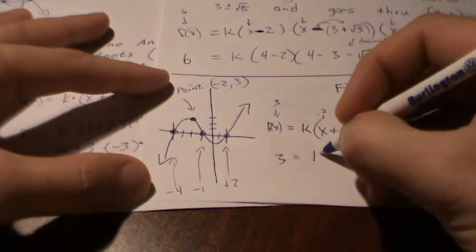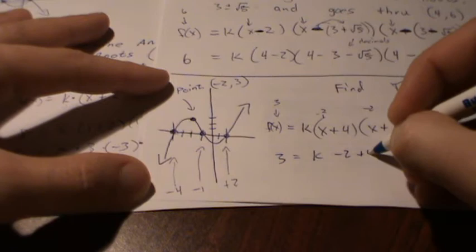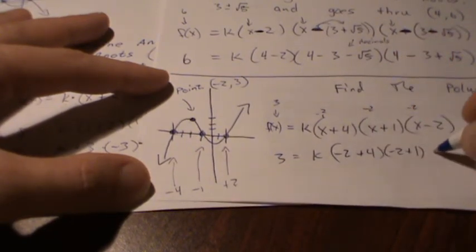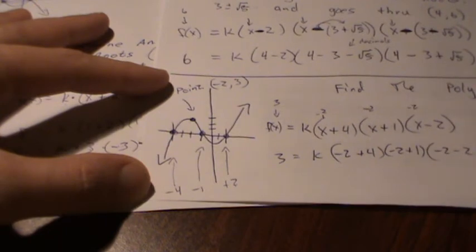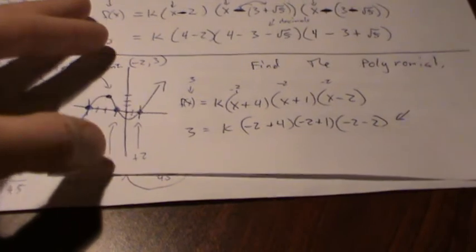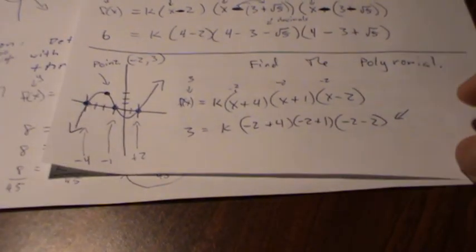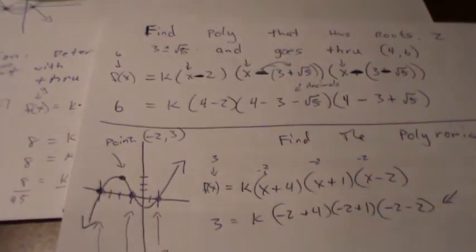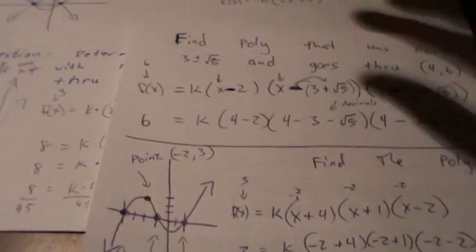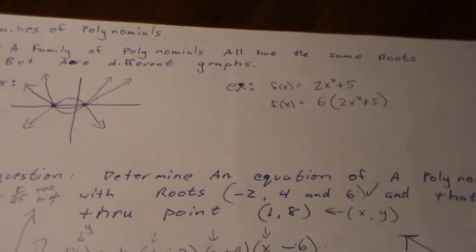So I would say 3 is equal to k times negative 2 plus 4 times negative 2 plus 1 times negative 2 minus 2. Okay? Then I would solve for k. And so that's basically how you're going to see it, and that is families of polynomials.